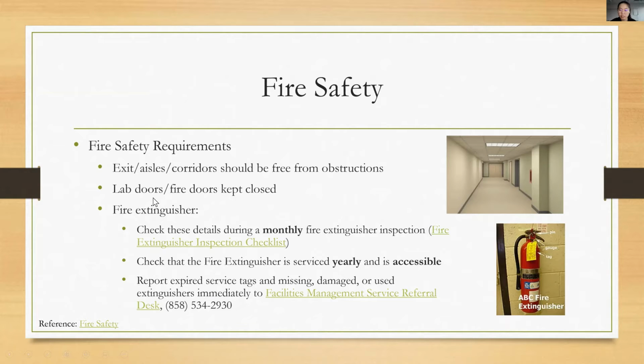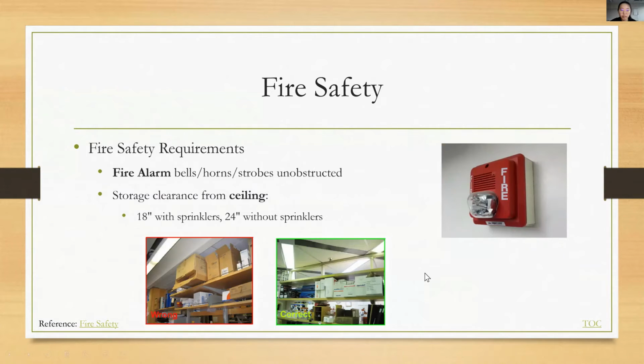For the fire extinguishers, it is my responsibility to check them monthly. And also the fire alarm bells must not be obstructed, and the storage clearance should be 16 inches from the ceiling.